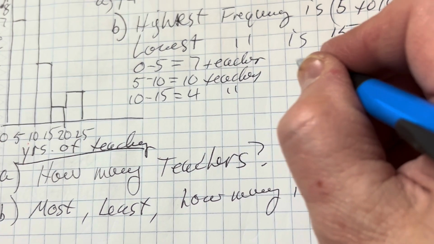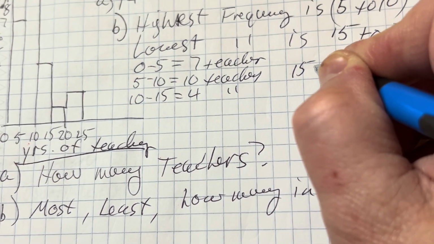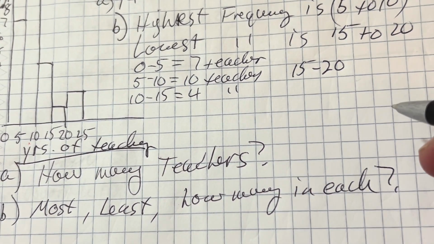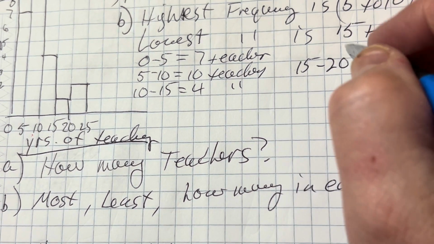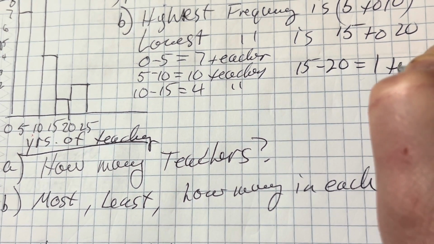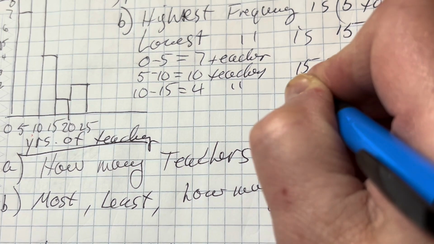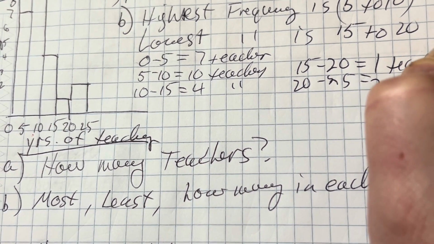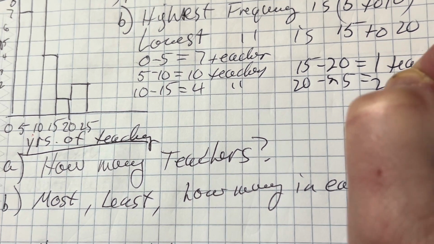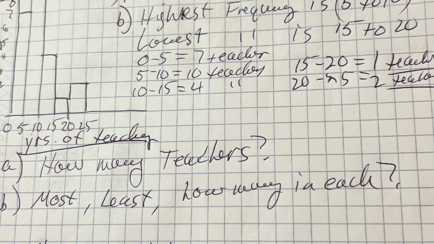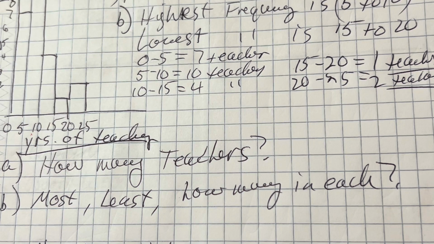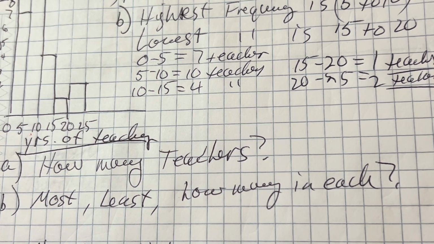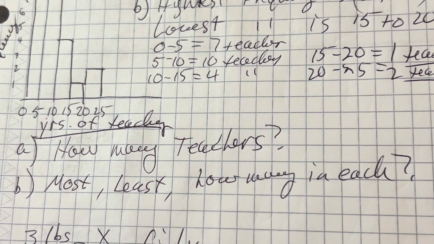From 15 to 20 has 1 teacher, and 20 to 25 years, there are 2 teachers. So if I were to look at this staff, I'd say, wow, that's a pretty young staff. That's not too bad. Lots of energy in that building, I'm sure. All right, let's go on to number 12.